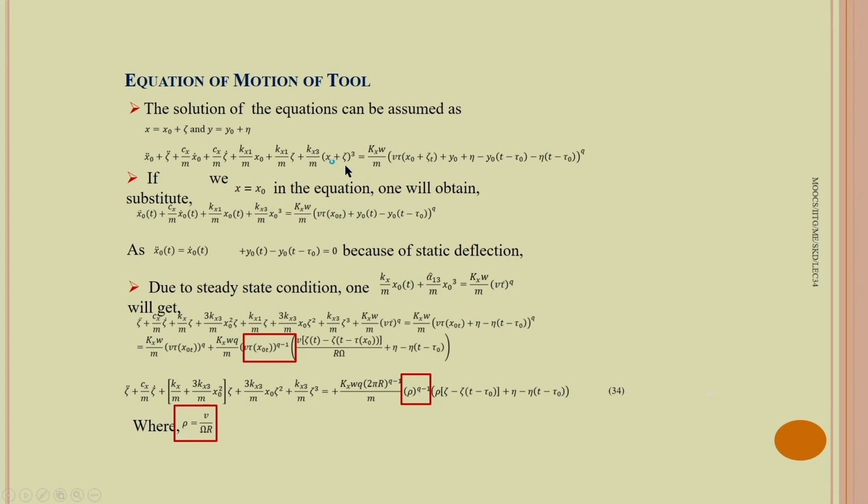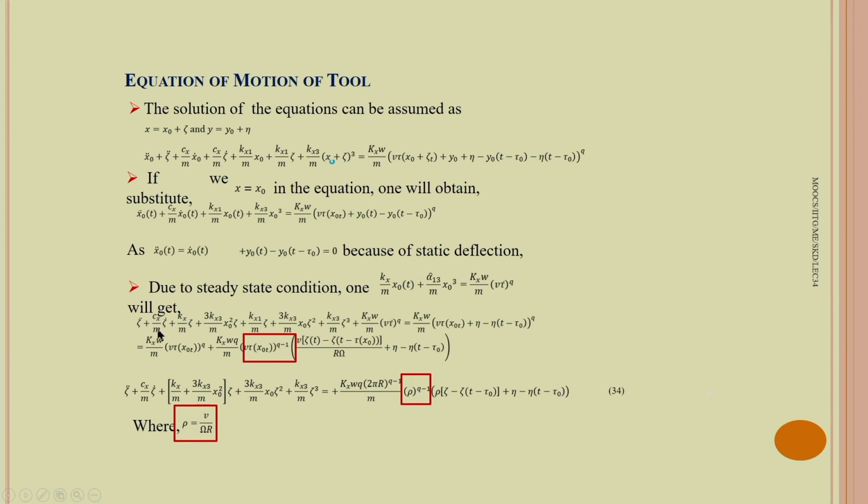As zeta is very small, the zeta cube and higher order terms can be neglected, or if you want to keep them, you can keep up to the cubic nonlinear term, and so there will be a term of 3 x0 square into zeta and another term with 3 x0 into zeta square. So, the perturbation will contain all these terms.